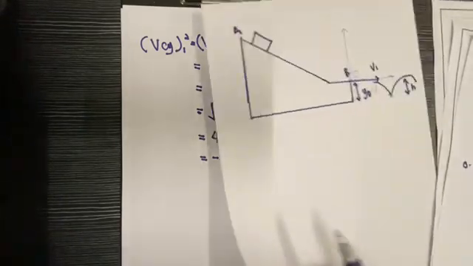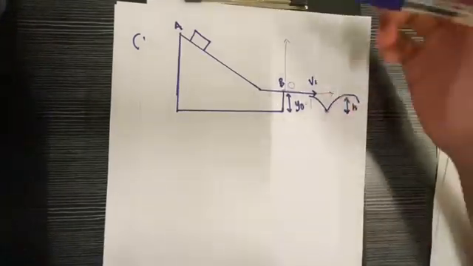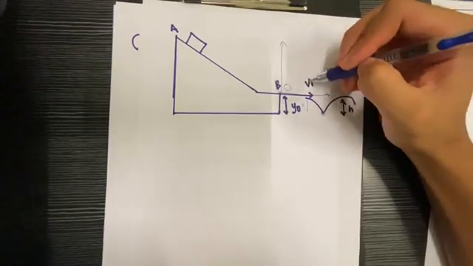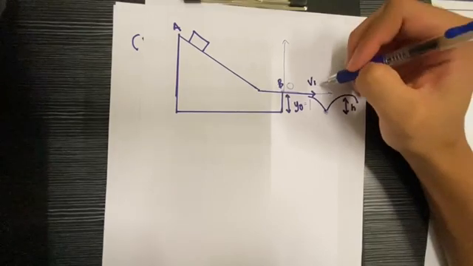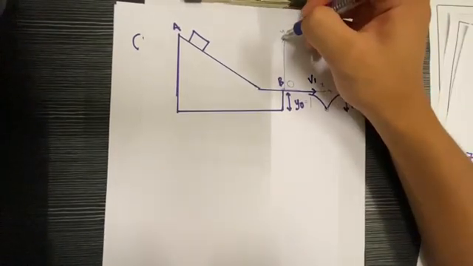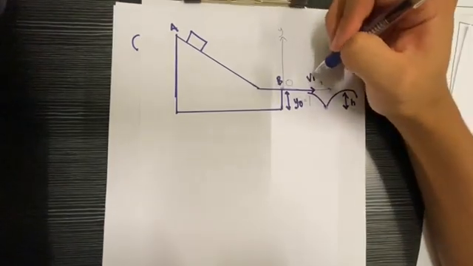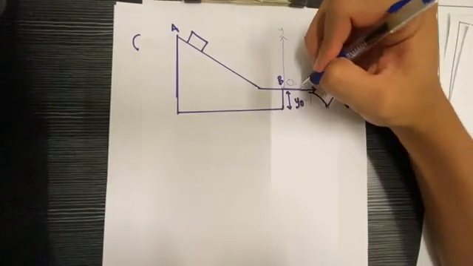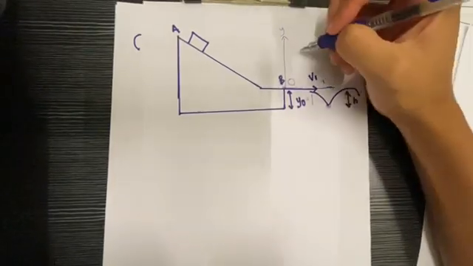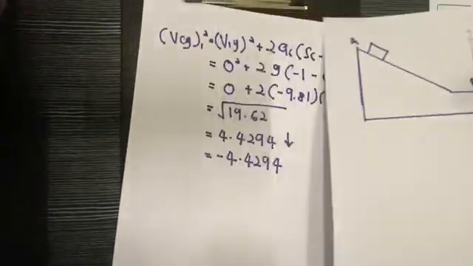Since V1 is along the x-axis on the graph, Vy is 0.